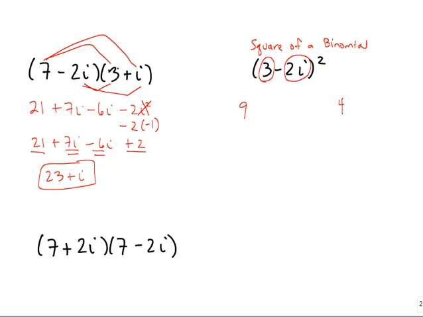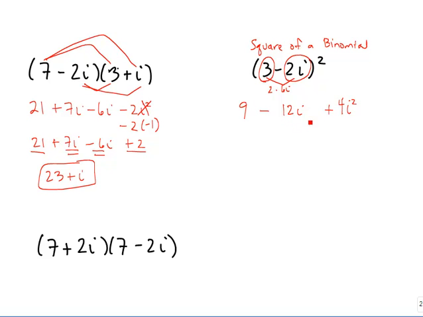So 2 squared is 4, and i squared becomes i squared. And that is always going to be positive. And then there is a middle term. You're going to get 3 times 2i, which would be 6i, but we want to double that because we're going to get two middle terms. So the middle term becomes 12i, and it's a minus because we have minus between our two initial terms. So these are the same terms you would get if you were to FOIL. It just has the two middle terms already combined.